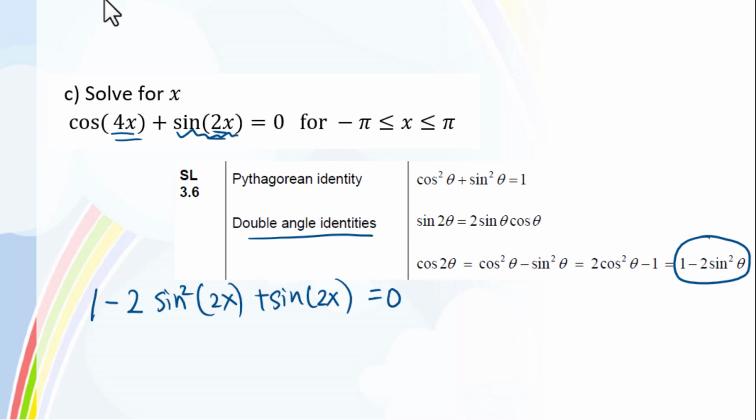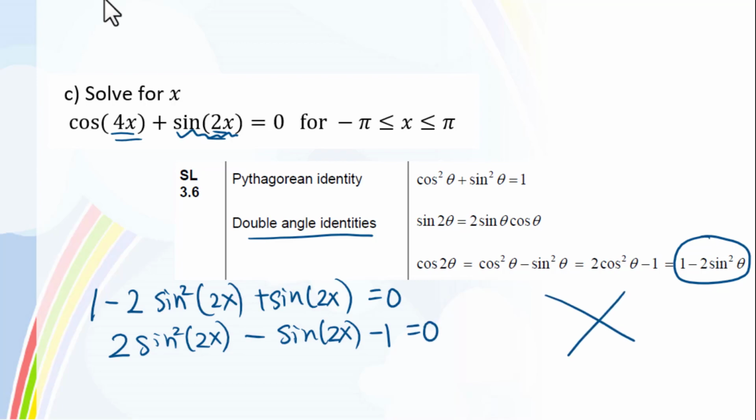We know this is a quadratic pattern equation. We will make the coefficient of sine square 2x positive. 2 sine square 2x, change the sign for every single term in this equation, minus sine 2x minus 1 equals 0.